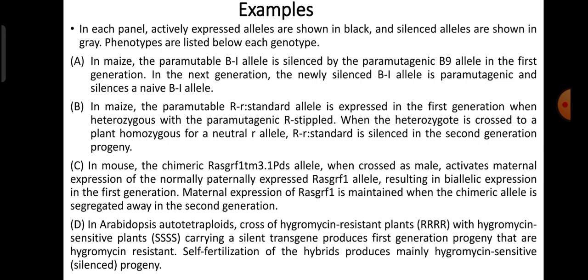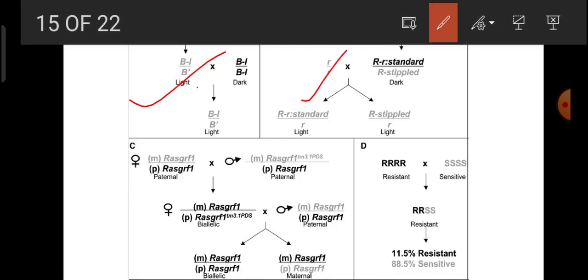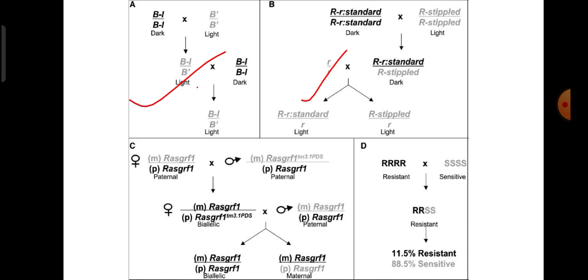Like that, again in maize, in paramutable RR, the standard allele is expressed in the first generation when heterozygous with the paramutagenic R stripped. When the heterozygote is crossed to a plant homozygous for a neutral R allele, RR standard is silenced in the second generation progeny. Again, this is an example where RR, which is a heterozygote showing dark color, is crossed with the light colored stripped one.